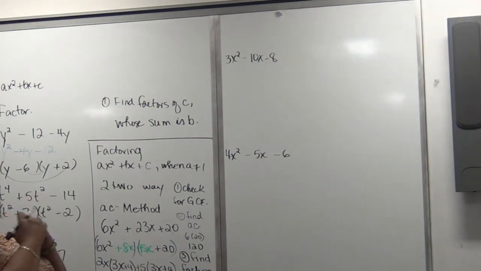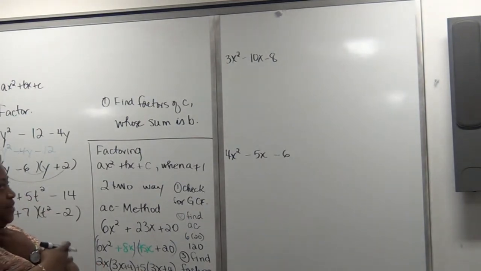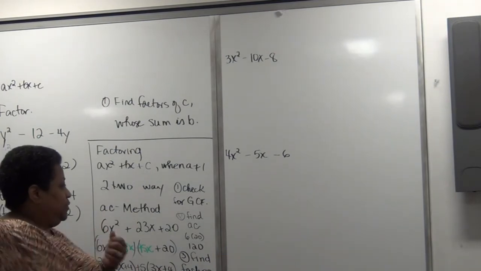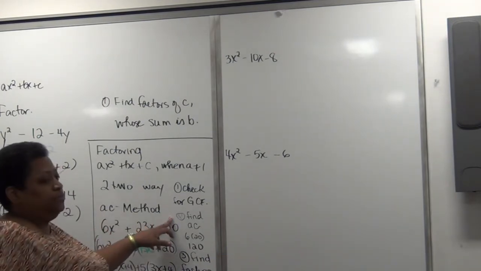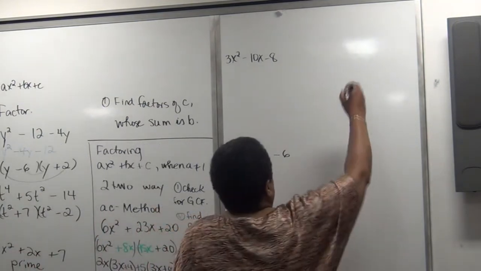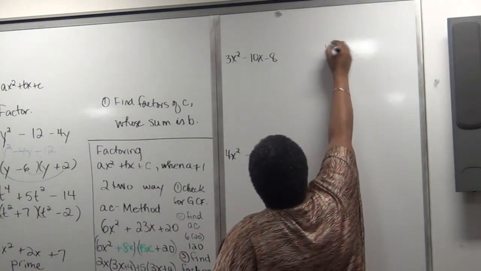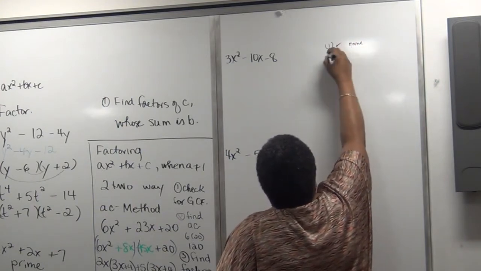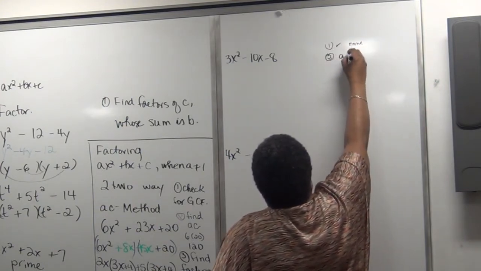Whatever you choose has to go into all 3. No, other than 1. So now step 2: find AC. We did step 1, check, and there was none.